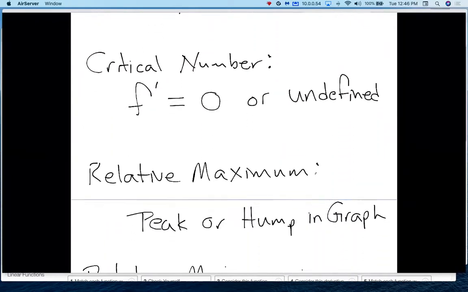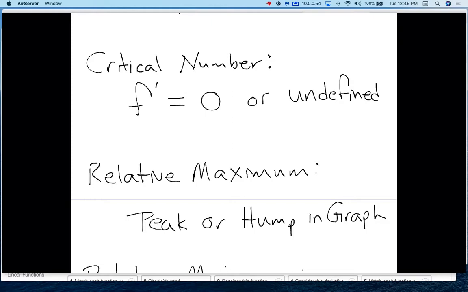Remember that a critical number is when the derivative is equal to 0 or undefined. Most of the time, if you have an equation, that's when we would be talking about the derivative equaling 0. When it's undefined is when you have a really sharp change in the graph.